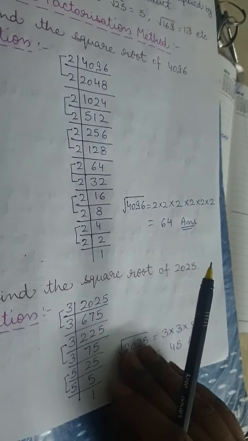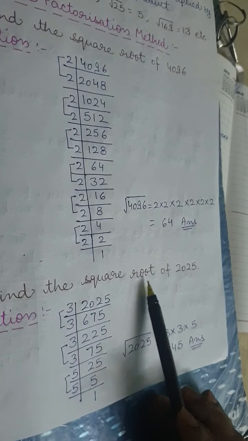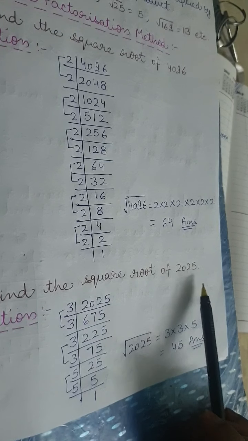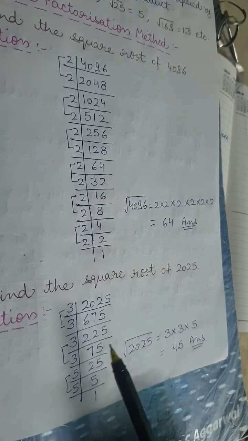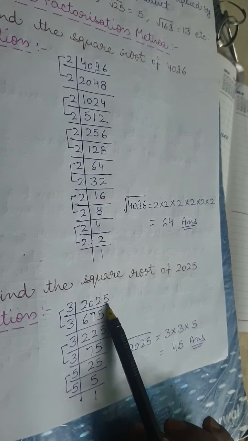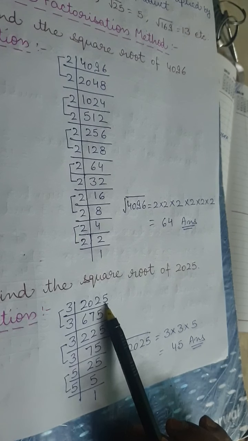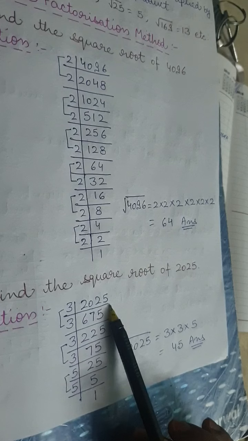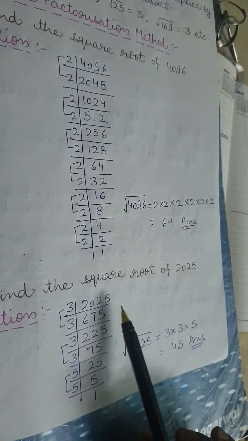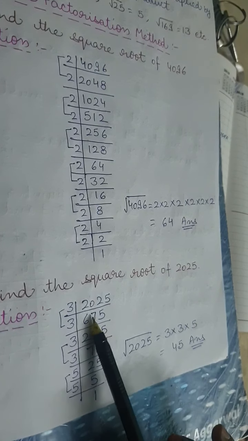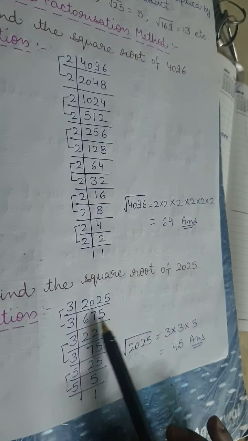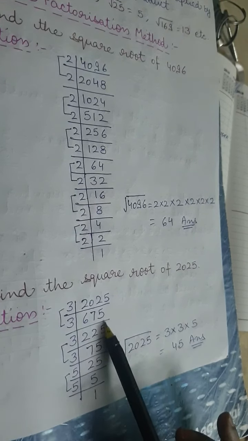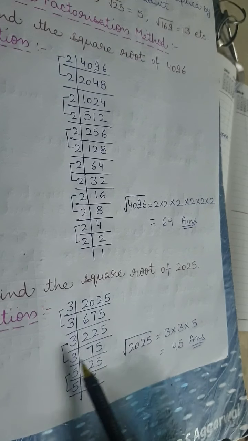Fine. Now move forward. Find the square root of 2025. What we have to do? We have to find the square root of 2025. Last digit is 5, so the number should not be divided by 2. Now sum of digits: 5 plus 2 is 7, 7 plus 2 is 9, divisible by 3, 675, 3 2 is 6, 3 2 is 6, 3 5 is 15.